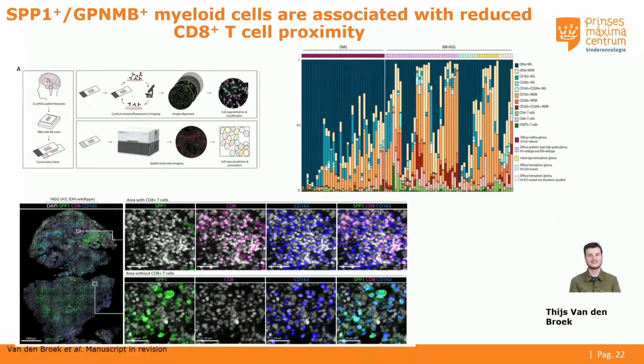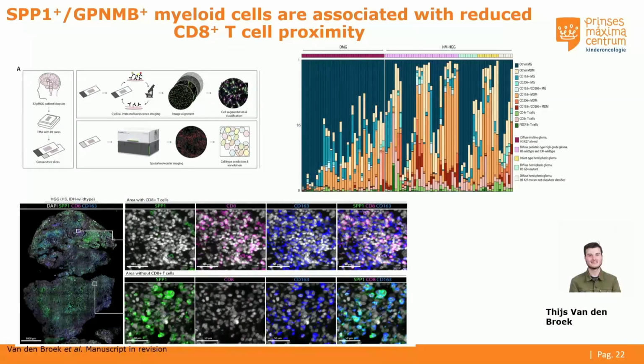That's what is so nice, that you can look into the spatial organization of a tumor. What you see here is an area with relatively a lot of CD8 cells, and here you see hardly any SPP1 cells, whereas in the staining of CD8 there are quite a lot.